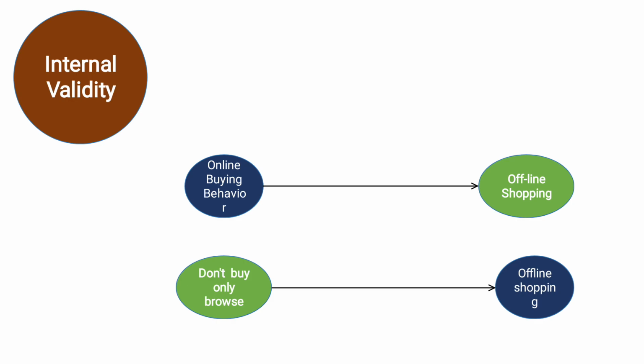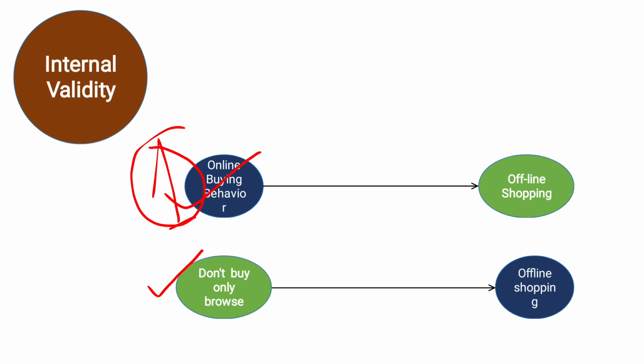So here I cannot strongly say that only online buying behavior leads to offline shopping, right? So for this first one, online buying behavior leading to offline shopping, this has a low internal validity. Why?